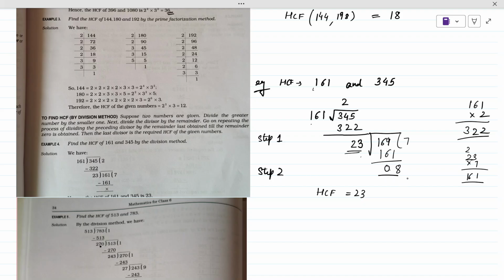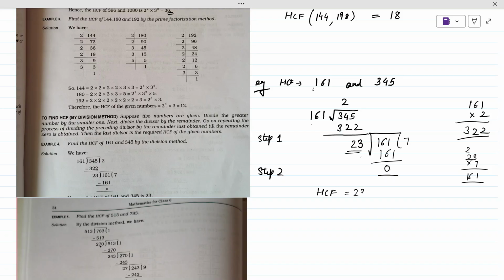In that case, what we will do next is divide this 23 with 8, and we will keep on doing the same thing until we get 0 as a remainder. But that is not the case here. We have got the exact number here, and that's why our HCF is 23.